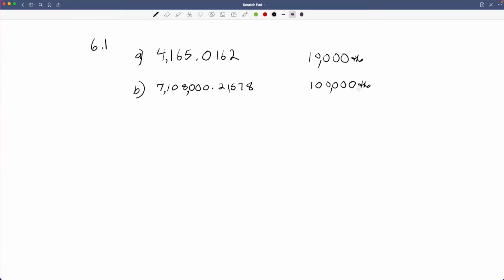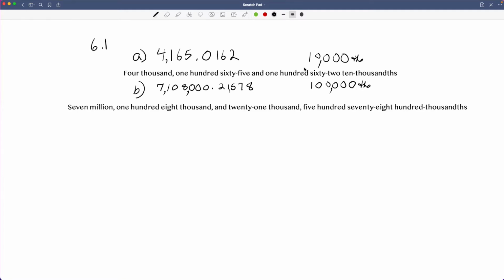All right, so give me just a second and I'll do that for you. All right, so I wrote this out for us. So this first one, again, 4,165, and on the decimal, 162 ten thousandths, right?